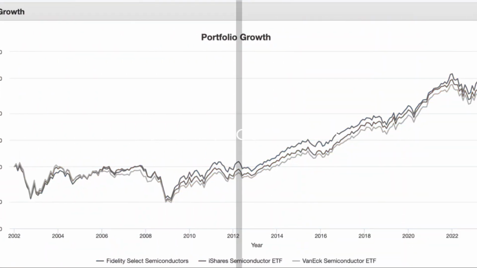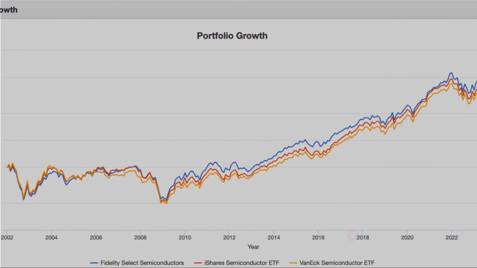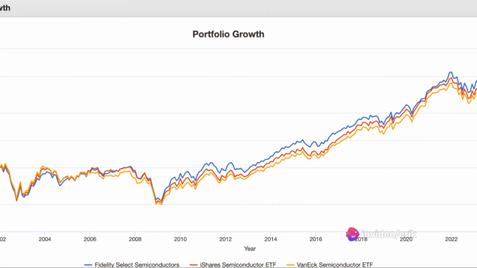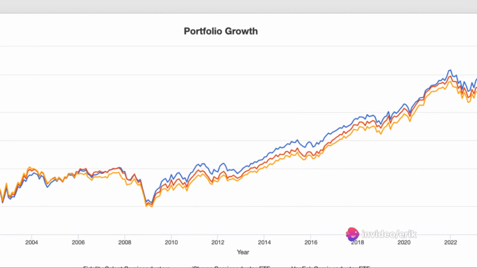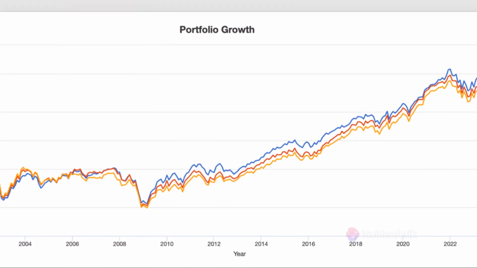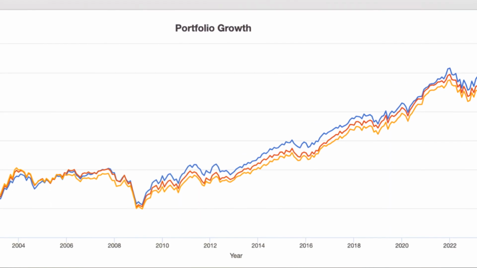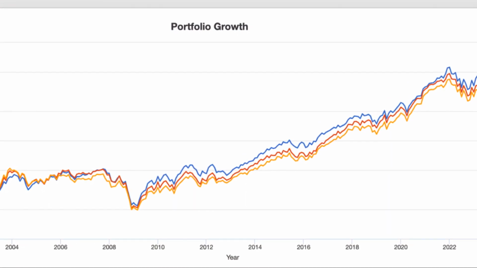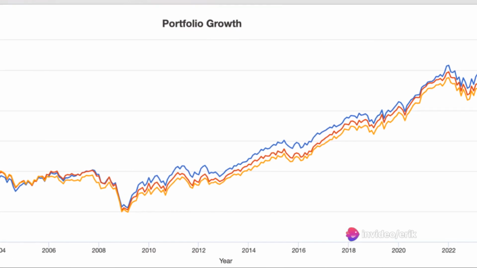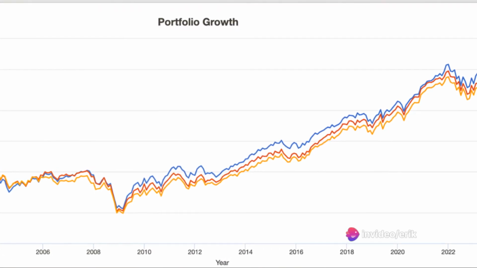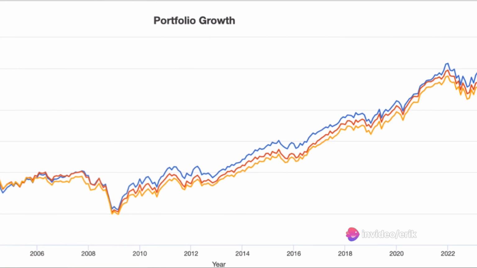Delving into the metrics, we begin our comparative evaluation with VanEck Semiconductor ETF, SMH. The portfolio was initiated with an investment of $10,000 and arrived at a final balance of $118,307. The compound annual growth rate was 11.79%, coupled with a standard deviation of 27.61%.